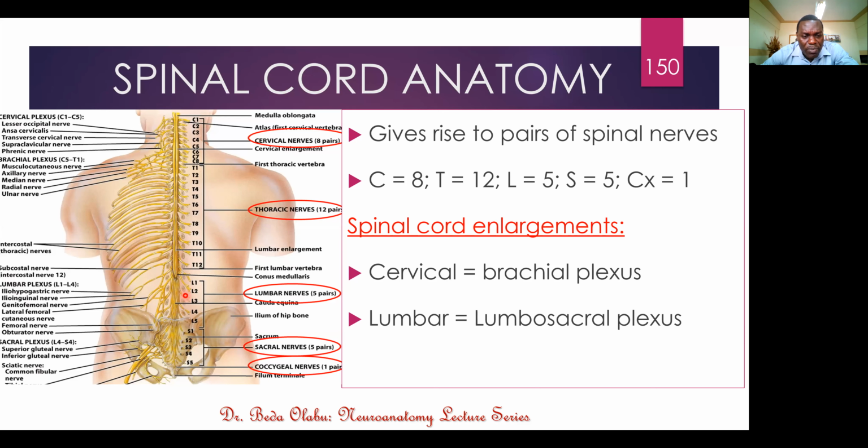This group of spinal nerves below the level of the conus medullaris looks like the tail of a horse. Therefore, we call it the cauda equina. So this is the cauda equina, the group of spinal nerves below the level of the conus medullaris.